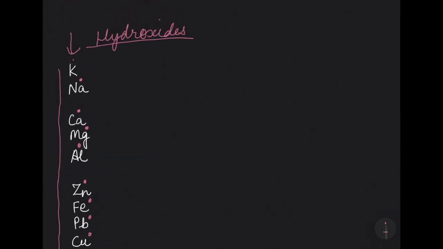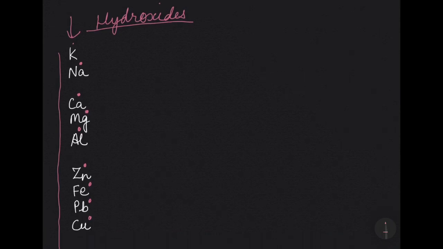If we heat these metal hydroxides, you will see according to their reactivity, potassium and sodium are very strong metals. So these hydroxides, when we heat, nothing will happen to them. That means they are stable to heat.